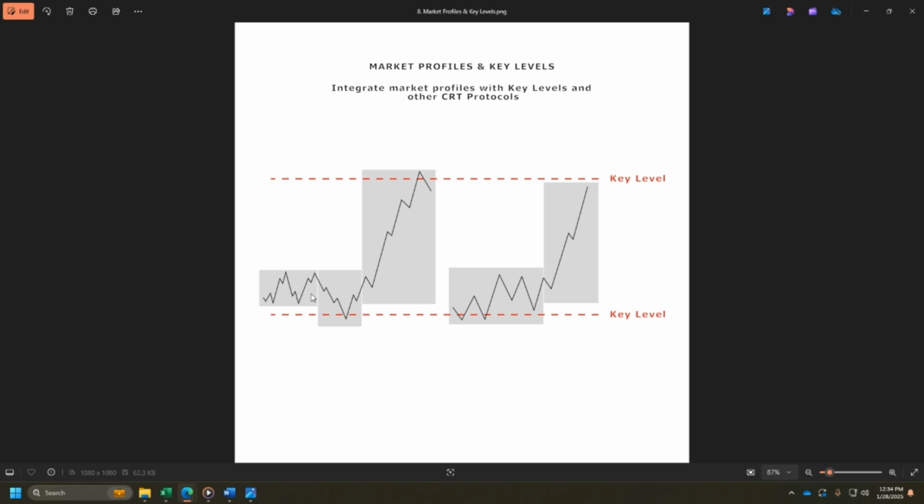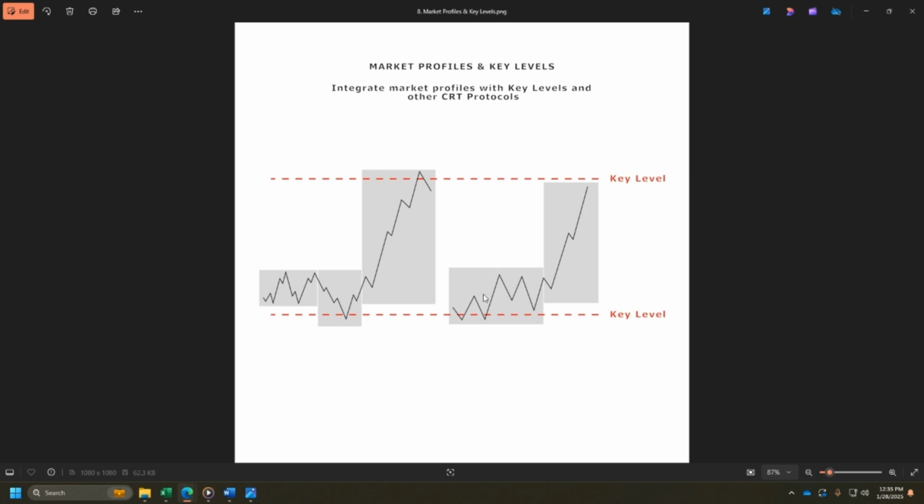So we have a range, we have manipulation, and then that manipulation hit the key level. We would wait for confirmation. At this point, let's say we didn't see this expansion yet, we can already see we have a range manipulation that hit the key level. So then we're gearing towards an expansion to the opposite side of the manipulation.